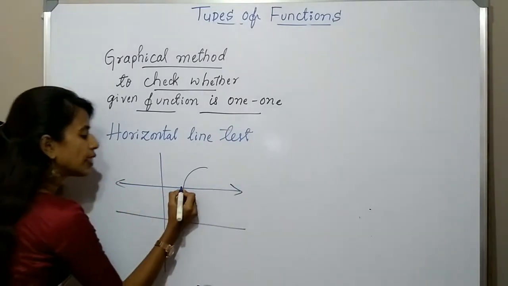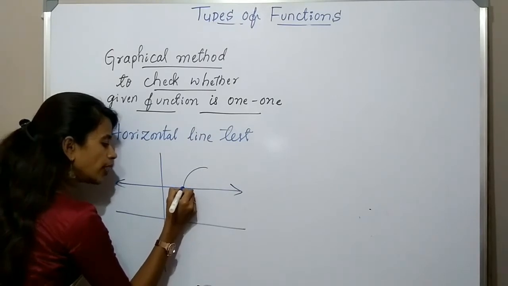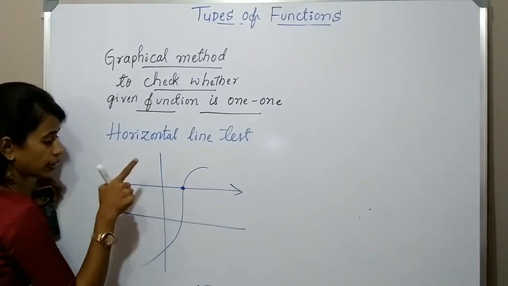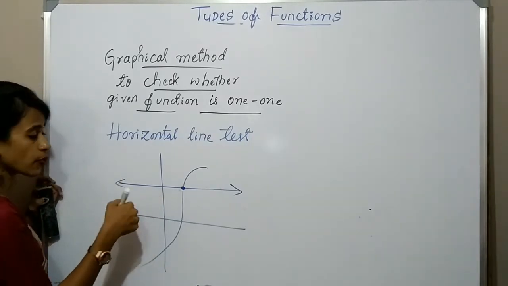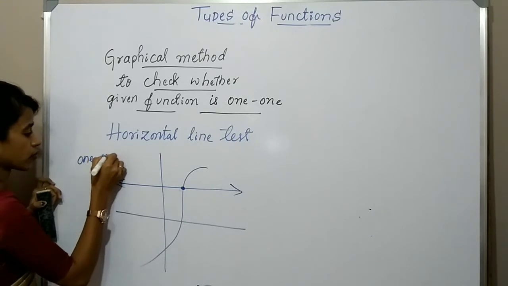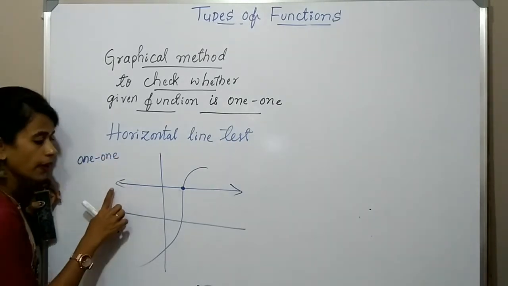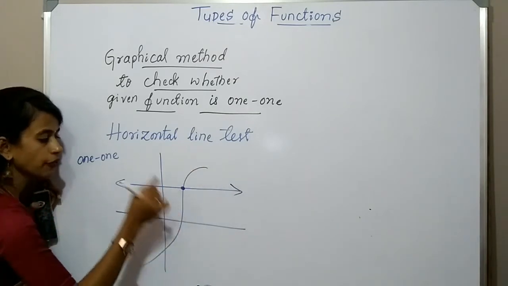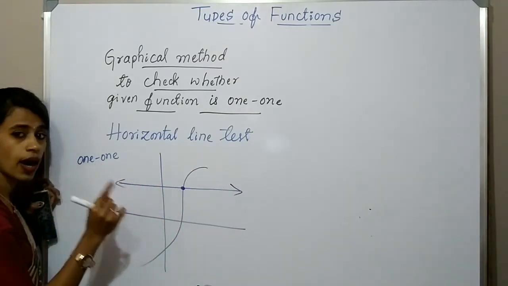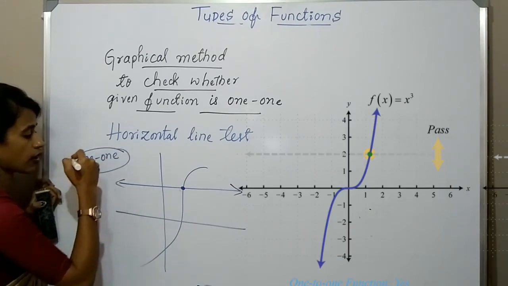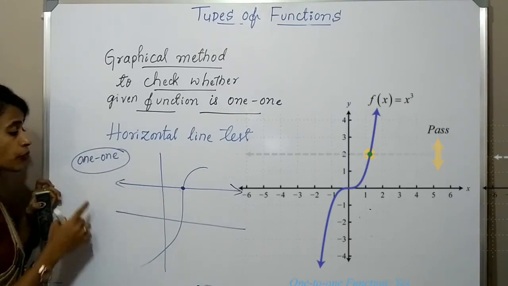If that line touches the curve at only one point, then that function becomes 1-1. If I draw a horizontal line to the curve, and that line touches the curve at only one point, then that function or curve becomes 1-1.